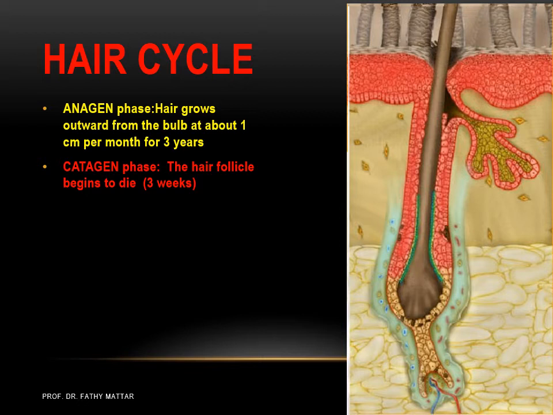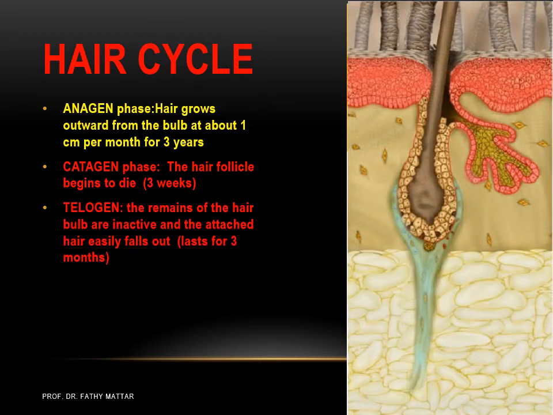Of course, when the bulb cells die, they stop forming the hair shaft, and so it doesn't elongate anymore. Now, the telogen phase: the cells above the bulb start to die by apoptosis, and the remains of the hair bulb are inactive, and the attached hair easily falls out. This lasts for 3 months.